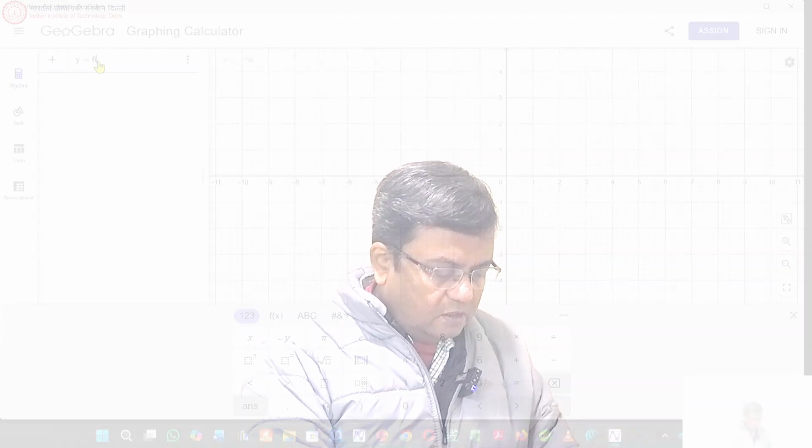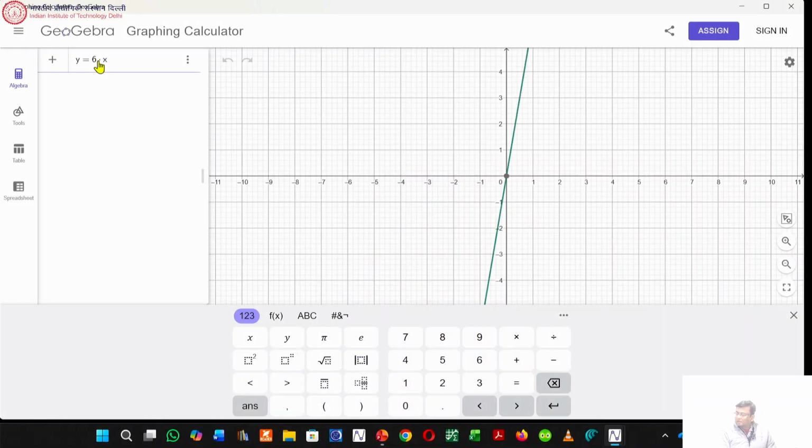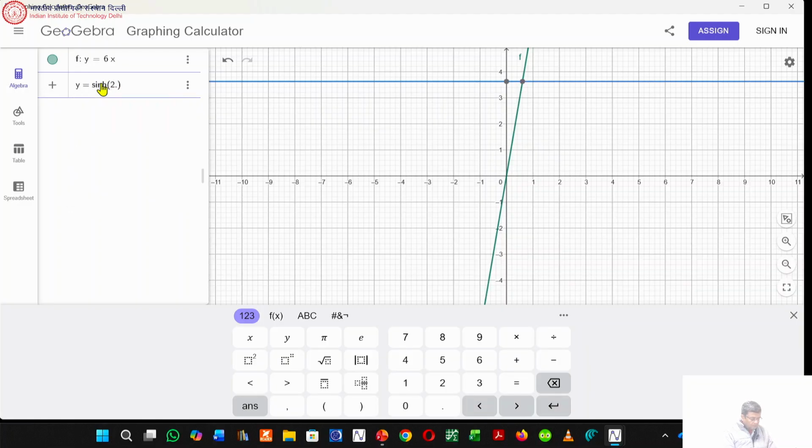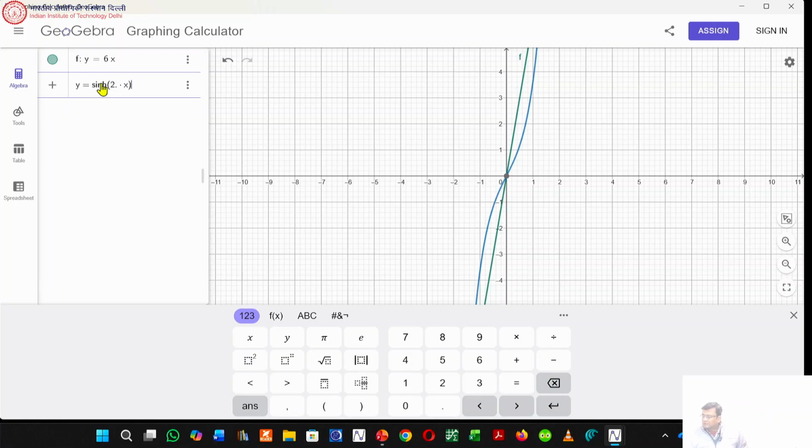So we have 6 beta equal to sinh 2 beta. So we'll do y equal to 6x. This is one equation, and the other equation is y equal to sinh 2x. So these are the two curves.